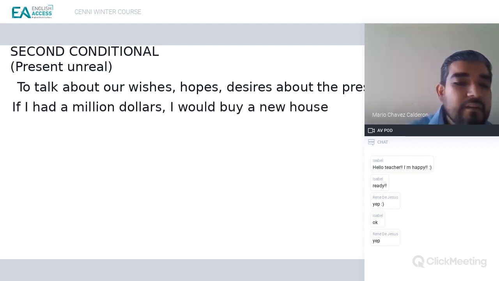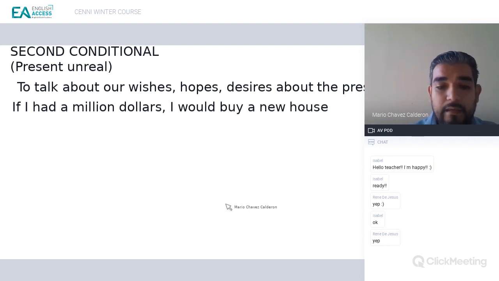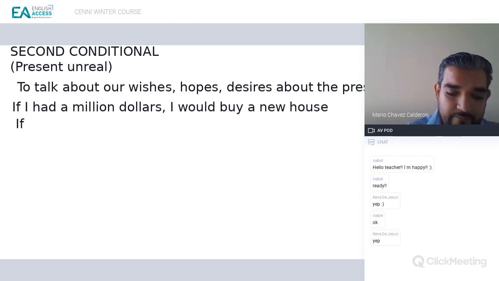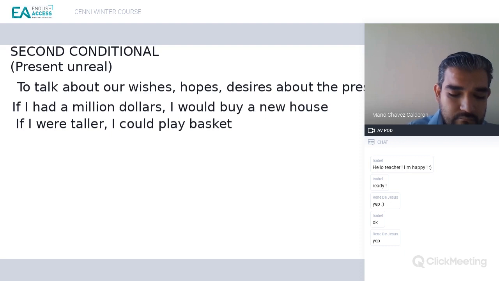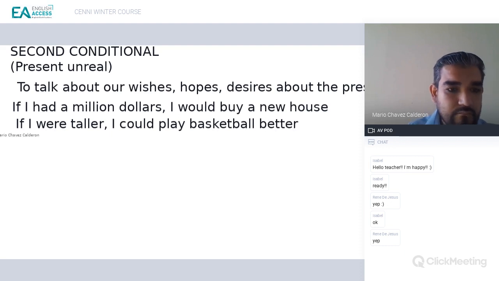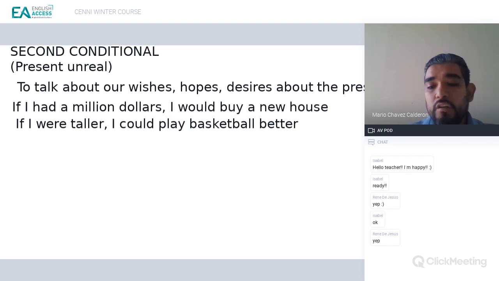All right? I can use other modal verbs instead of would. For example, if I were taller, I could play basketball better. Okay?